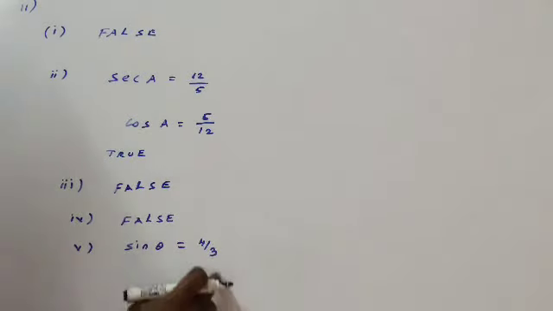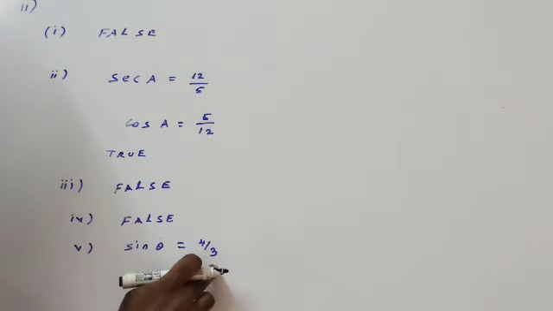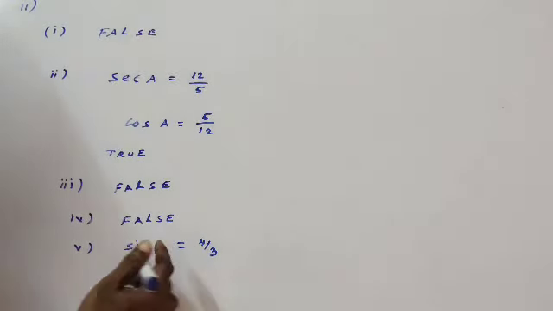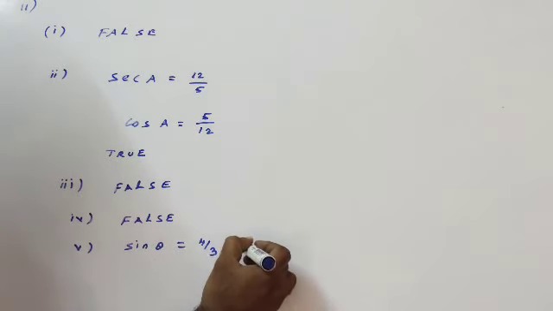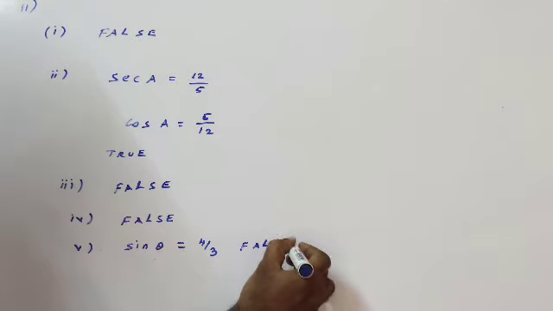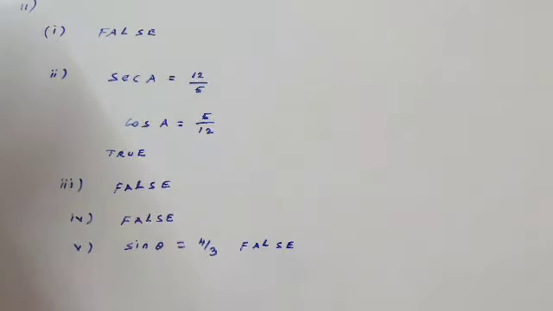Here hypotenuse side is less than the opposite side. So it is not true. So we can write this is false, because the hypotenuse side must be greater than the adjacent side or opposite side.